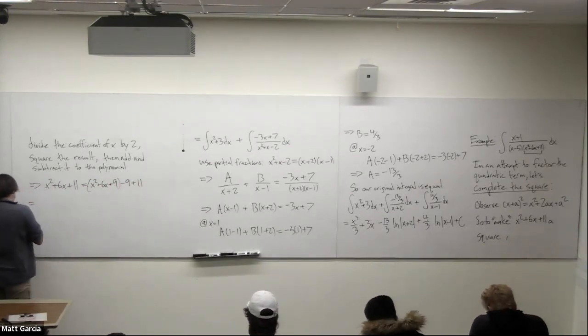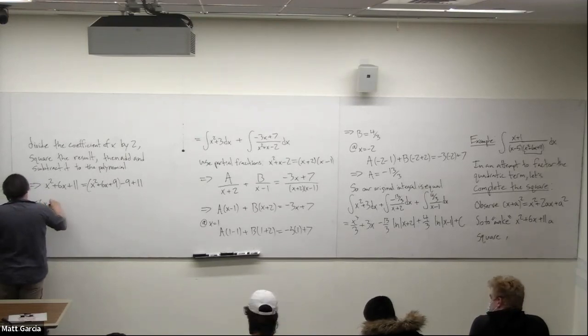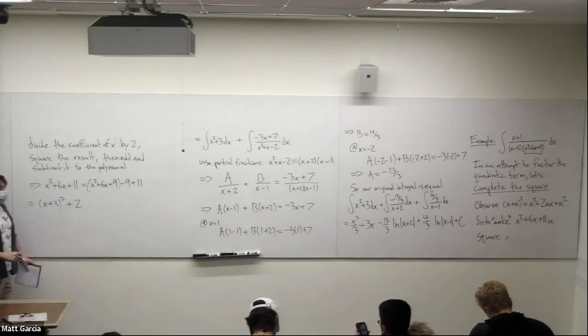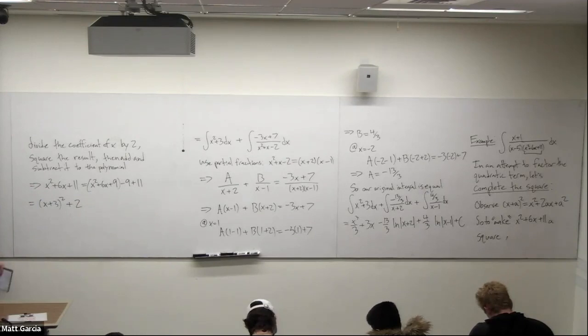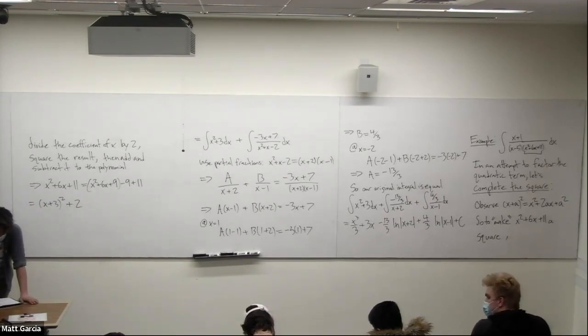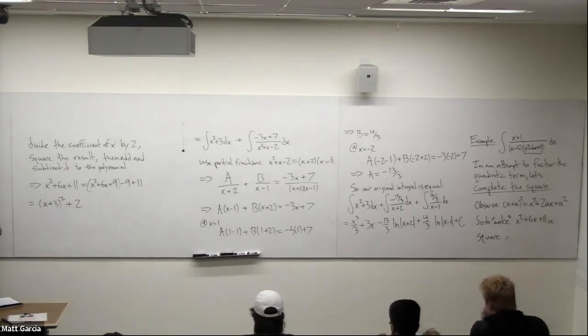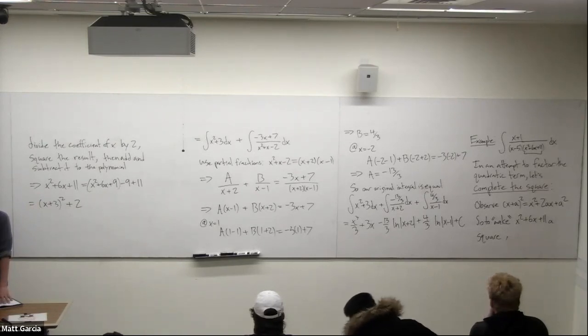So what this gives us is x plus 3 squared plus 2. Okay. So now, what does this tell us about our original polynomial, x squared plus 6x plus 11? Think about what information this is giving us relative to the task of trying to factor our original polynomial. Any thoughts?